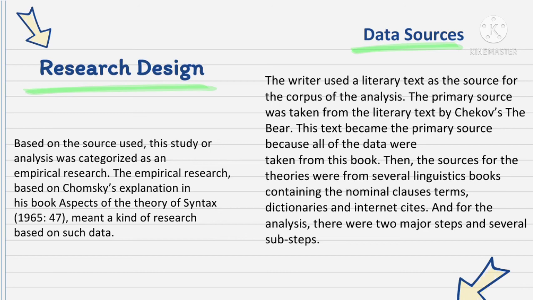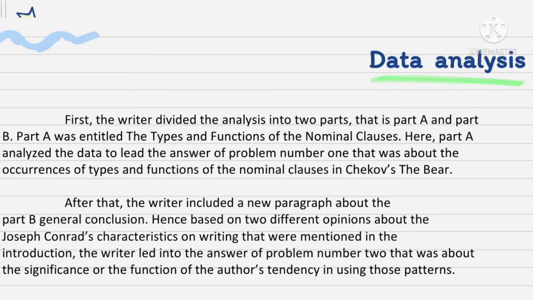And for the analysis, there were two major steps and several sub-steps. Data analysis. First, the writer divided the analysis into two parts, that is, Part A and Part B. Part A was entitled The Types and Functions of the Nominal Clauses. Here, Part A analyzed the data to lead to the answer of problem number 1, about the occurrence of types and functions of the nominal clauses.